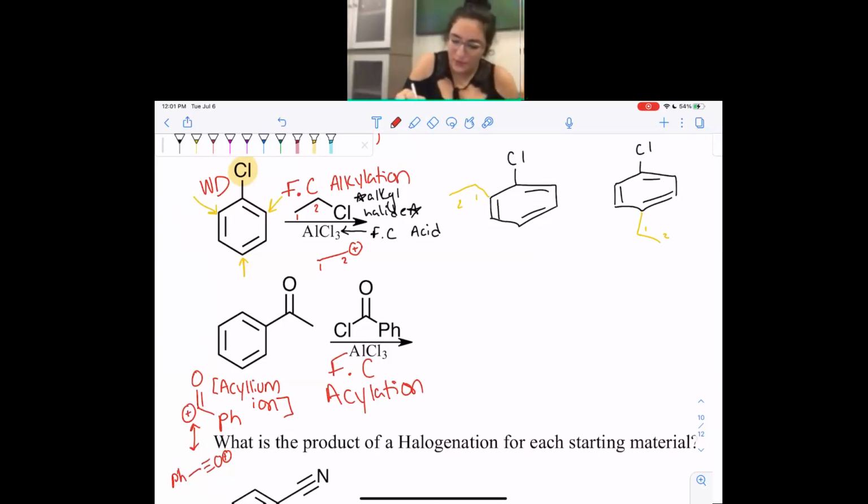Alrighty, so let's go ahead and define this group. Is it an activator, a weak deactivator, or a strong deactivator? It is a deactivator, but is it strong or weak? What do we think?